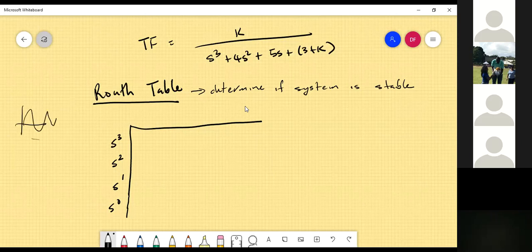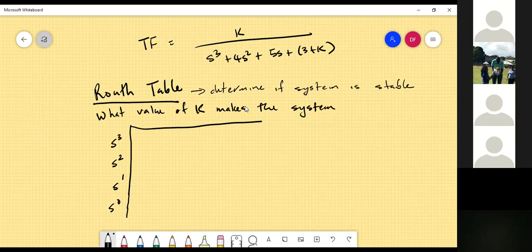Now remember we had said before that we wanted to find out the value of k that will make the system oscillate. So we want the value of k that will make the system marginally stable. So the question we want to answer is what value of k makes the system marginally stable. So we can use the Routh table for that.